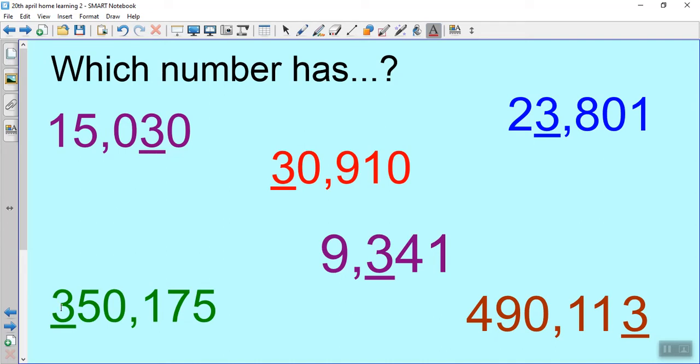It's worth 300,000s. And which number has got the 3 underlined in the thousands column? So this is the thousands column. It's 23,801. Which number has got the 3 underlined in the tens of thousands column? Represents 30,000s. It's this one, 30,910.